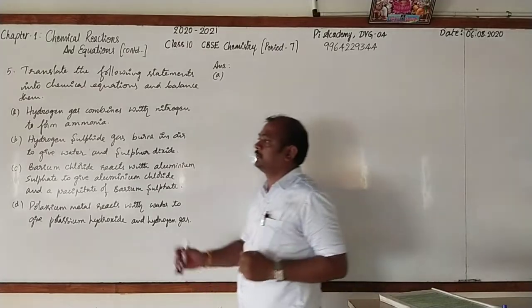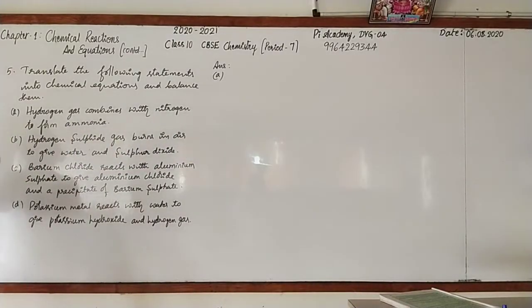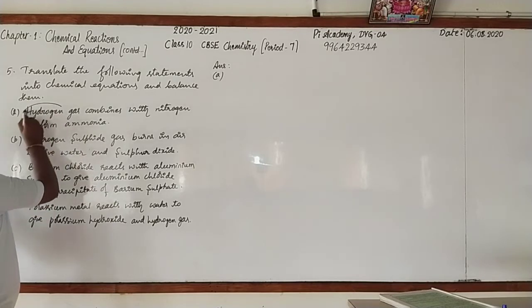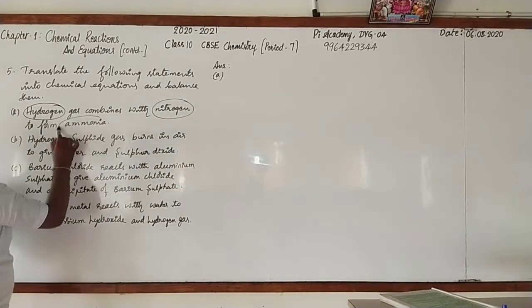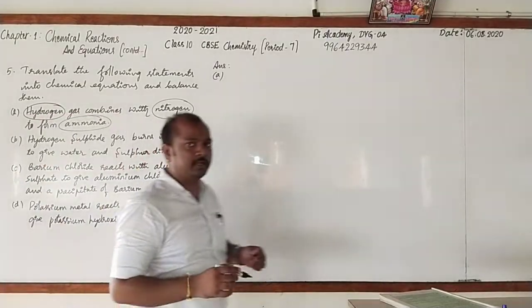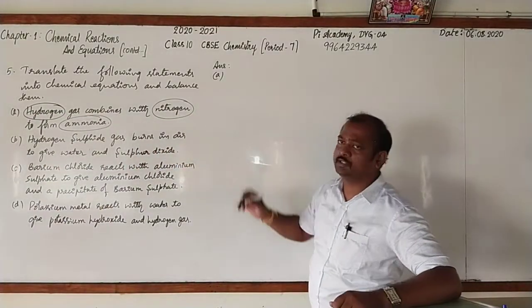Dear students, observe this fifth one. It is: translate the following statements into chemical equations and balance them. First one: hydrogen gas combines with nitrogen to form ammonia. You are all very familiar with the chemical formulas of all these.